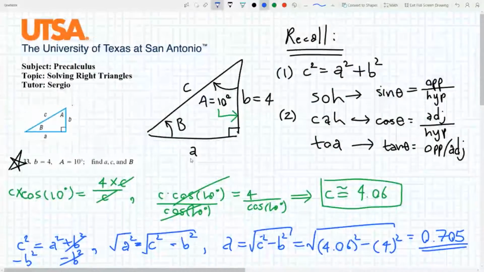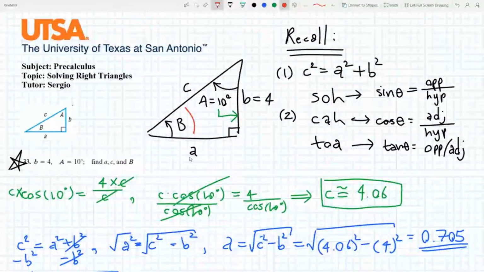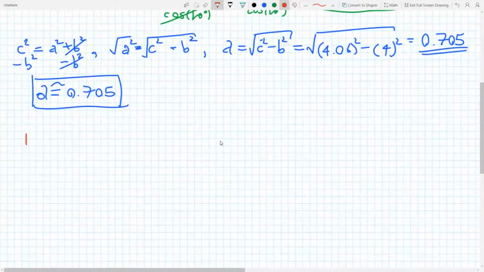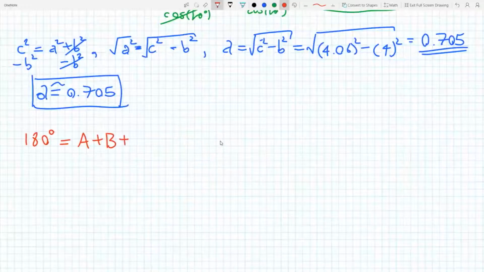And lastly, to find the missing angle B, we know that the sum of the three angles has to be equal to 180 degrees. So then I can establish the following equation: 180 degrees is equal to the angle A plus the angle B plus 90 degrees.